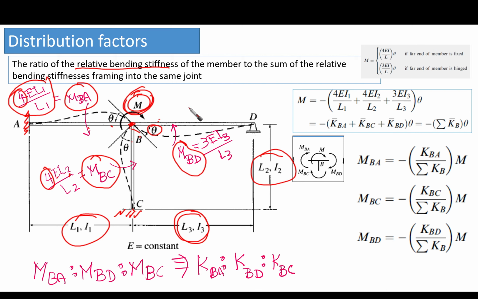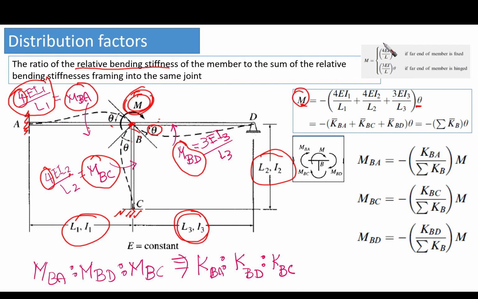This means what? First of all, this M equals what? The contribution of all elements here, which are all spans: 4EI1 over L1, and 4EI2 over L2, and 3EI3 over L3, times theta. Moment equals the relative bending stiffness of all of them times theta.